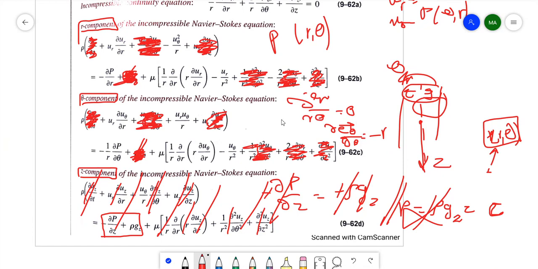So using those two, and doing the math, you will get those additional terms. You see here, this one is an additional term, this one is an additional term. Here we have an additional one here.